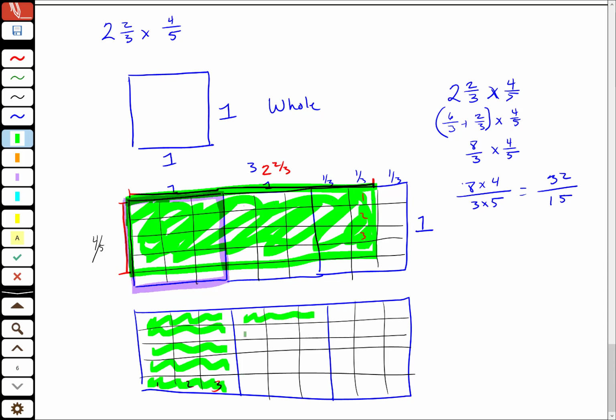And then same thing in the second box. 1, 2, 3, 4. And then 1, 2, 3. Take those. And then that lets me see I have 2 boxes left over right there. So I have 1 and 2. So this is a picture of 2 and 2/15 right there.